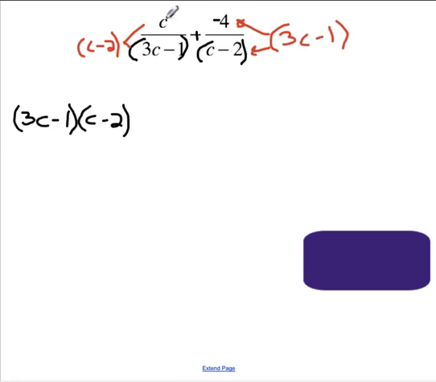So, on this side, if I take c times c, I get c squared. If I take c times -2, I get -2c, and my denominator is the common denominator.